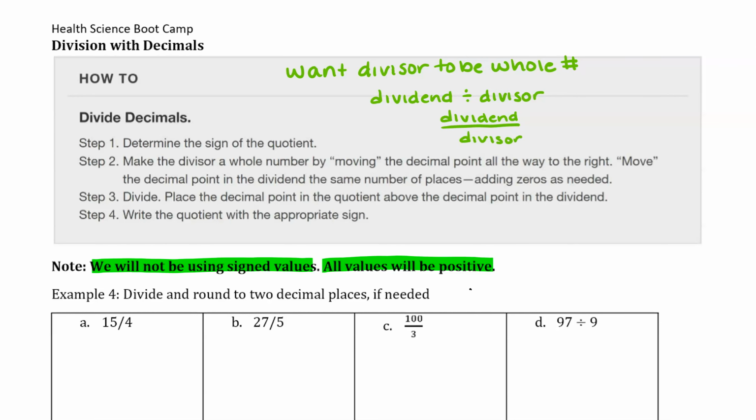So the first real step is going to be making the divisor a whole number by moving the decimal place all the way to the right. So now count how many spaces you had to move it, and you do that same move to the dividend. Once your divisor is a whole number, so it doesn't have any decimal parts, then you can do the division.